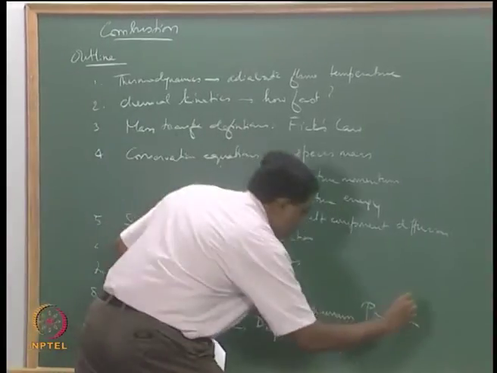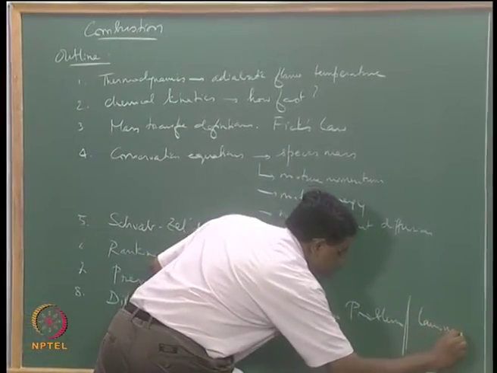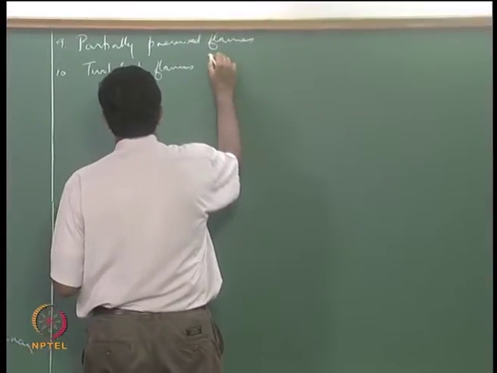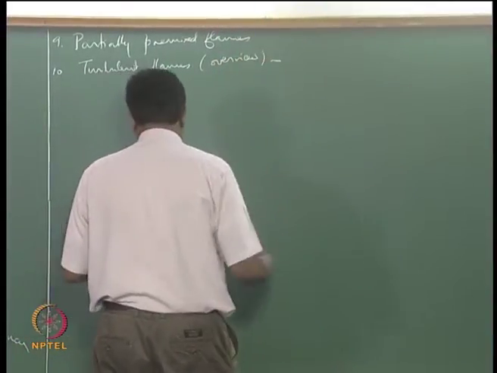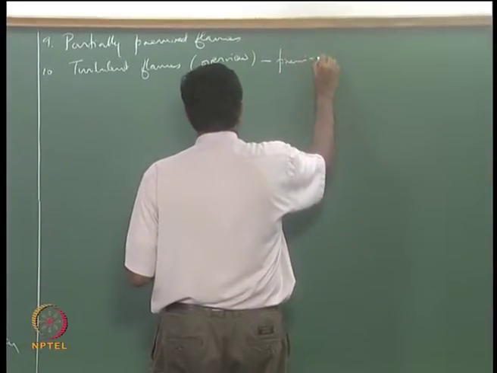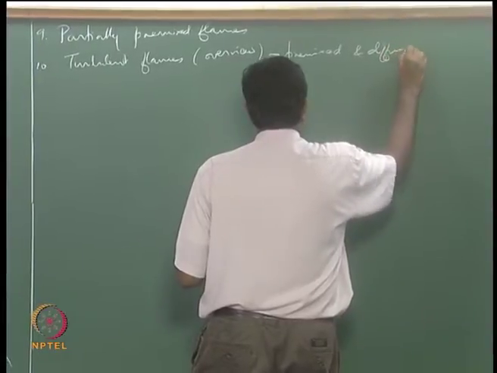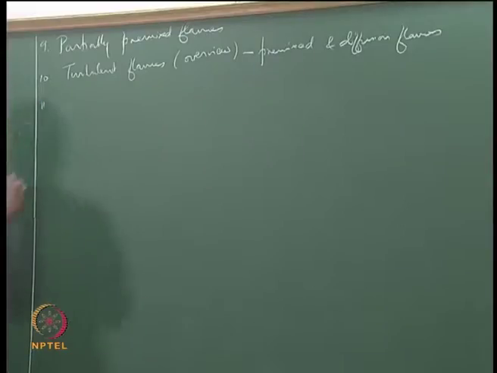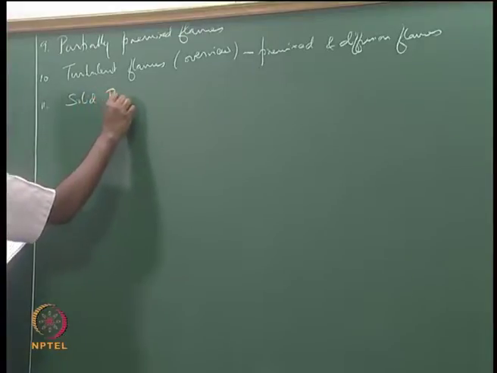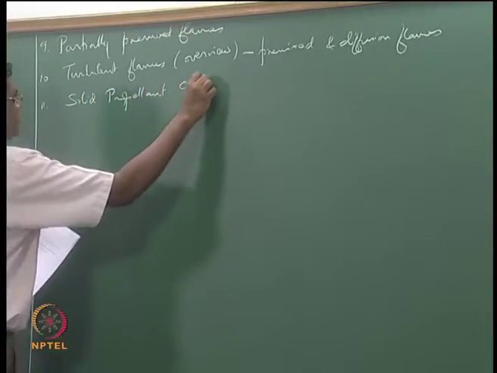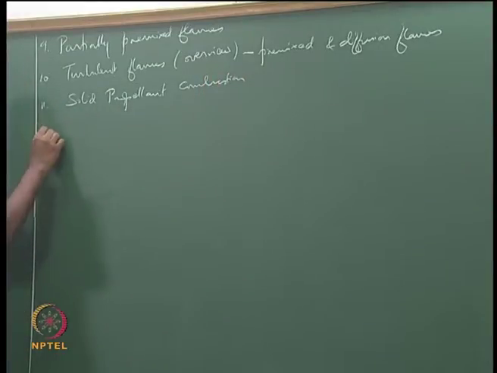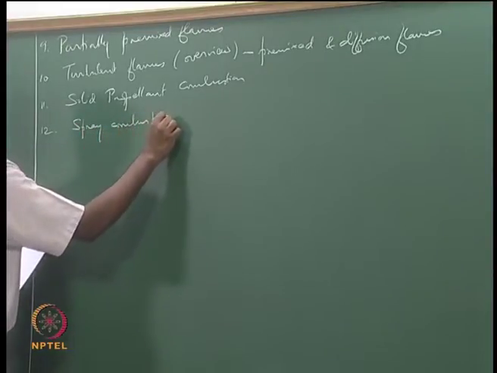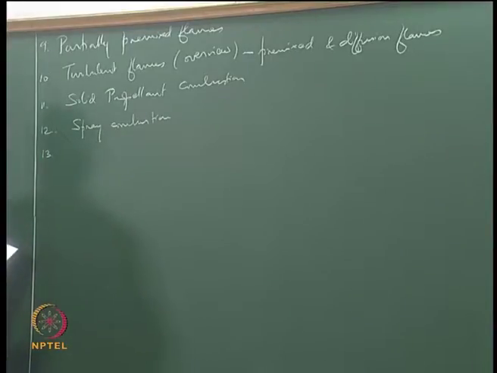So that means if you now go back, we can realize that these are laminar. So here we will do an overview, and this would be both premixed and diffusion flames, and let's say we do a little bit of solid propellant combustion, spray combustion, 13 detonations.